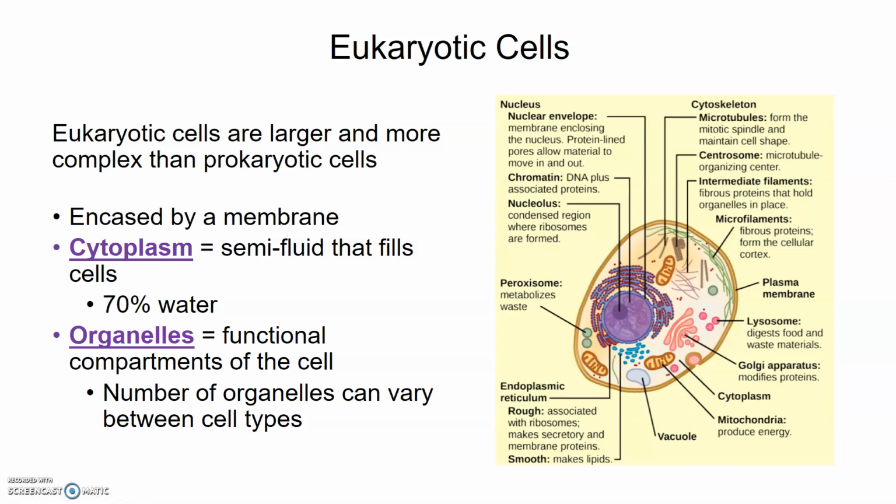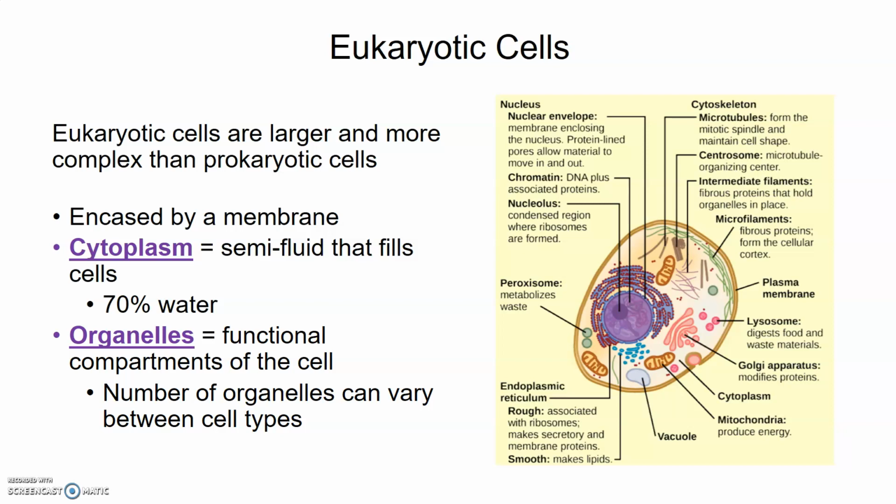And the number and the types of organelles can vary between different types of cells. Some cells may have a lot of these mitochondria here. Some might have a lot more lysosomes. And usually the number and types of organelles are based on what the cell's function is, especially within a larger organism.